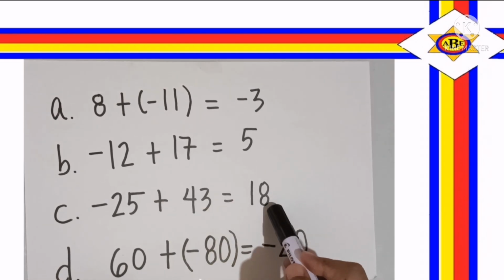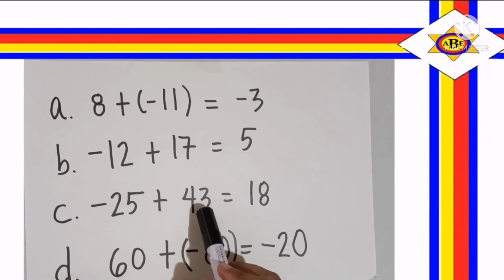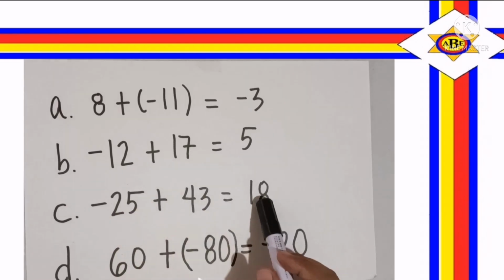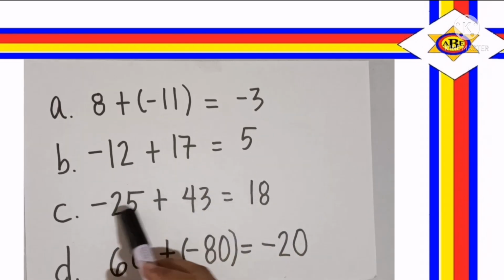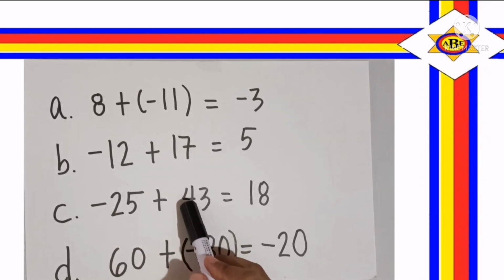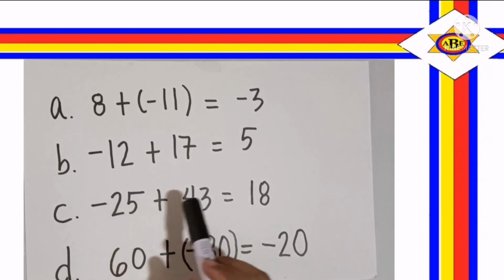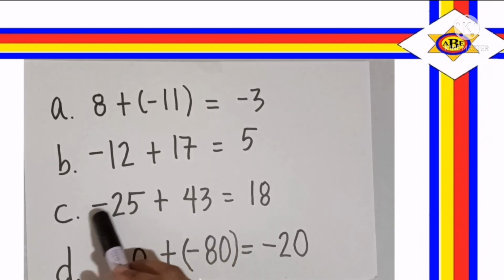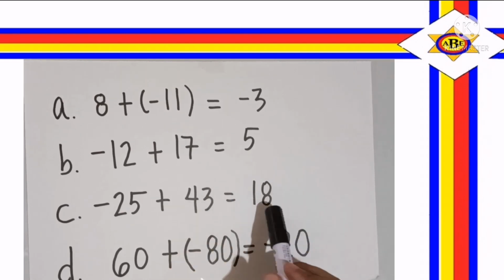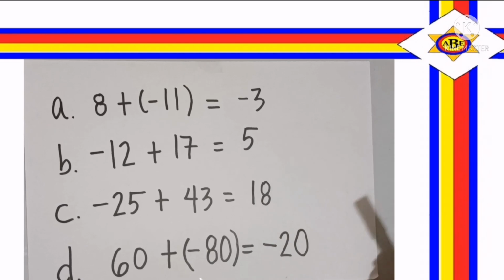So our answer is 18. So 43 has a greater value than negative 25. That's why this is positive. We subtract this because we have negative sign and positive sign. And this is addition. So if this is in addition and unlike sign, we subtract it. Okay, that's why we got positive 18.